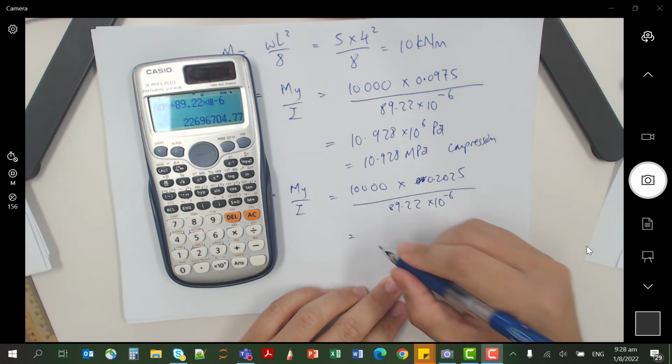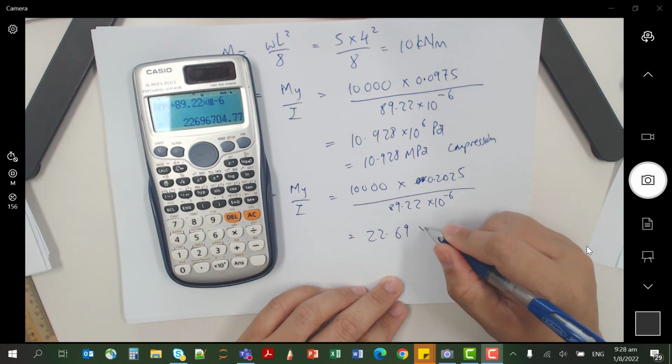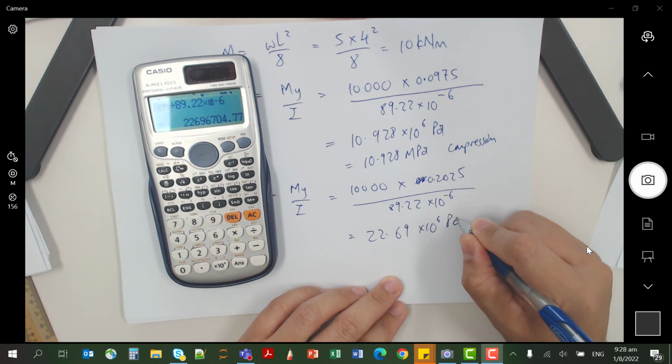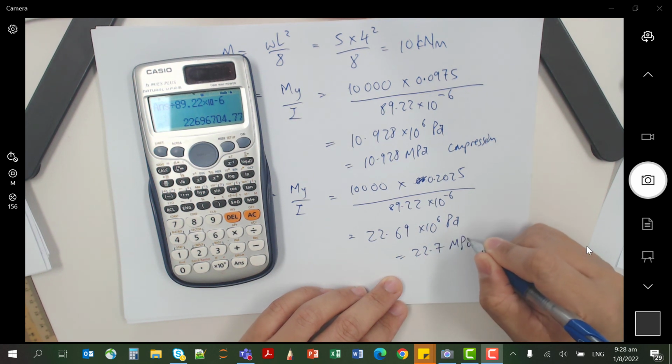You're going to get 22.69 times 10 to the power of 6 Pascal, which is 22.7 megapascal.